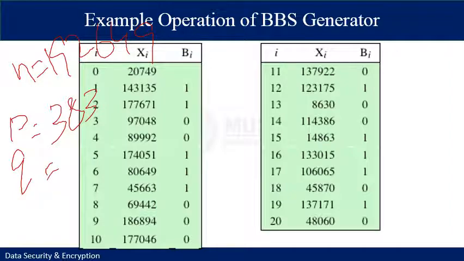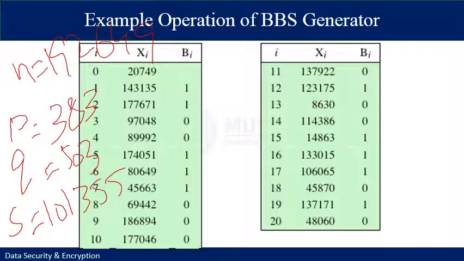Here p was 383 and q was 503. Therefore our initial seed s is 101,355. So at each round the input x of i is calculated and the least significant bit is taken after each round.